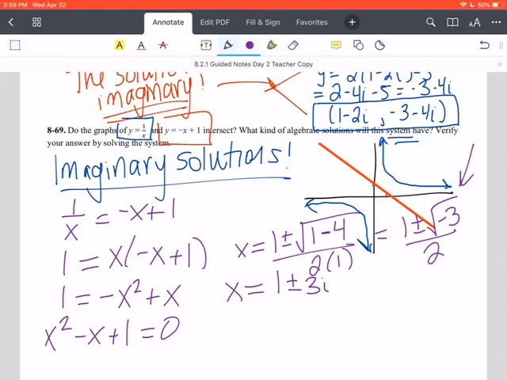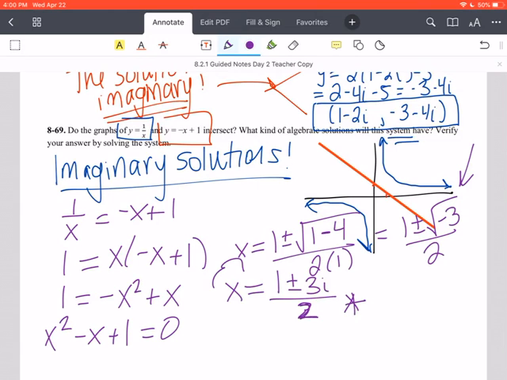We could go through the whole process, break it up into root 3 times root negative 1. The root of negative 1 is i. So I have 1 plus or minus root 3 i, over 2. That is the x values of the intersection point. So what would we do? We could plug back in and solve for y, but at this point we have confirmed that the solution will be imaginary.